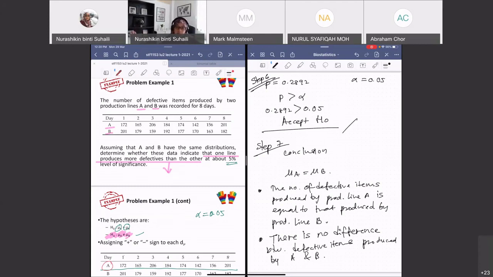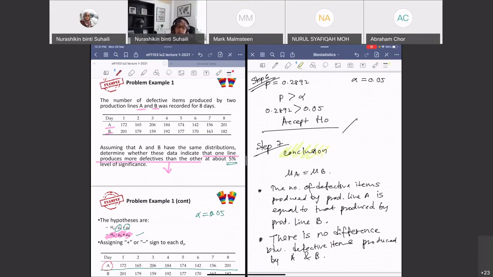Why it's not like that? It's because when you apply the statistics in analyzing your data, perhaps later your FYP data, your biotech research, you cannot just tell people that you accept the null hypothesis. People do not know what is your null hypothesis. People don't know your alternative hypothesis. So that's why it's very important to write the conclusion properly.